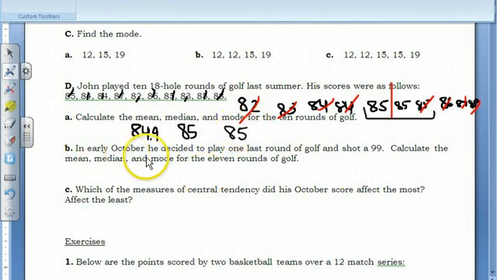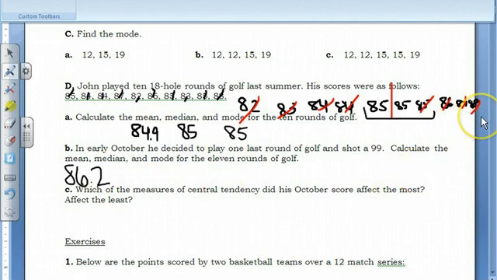Letter B: in early October, he decided to play one last round of golf and shot a 99. Calculate the mean, median, and mode for the 11 rounds of golf. So, I had my sum of 849 before I divided by 10 earlier. I'm going to add the 99 onto that and then divide by 11. My new mean is 86.18, but I'll round it to 86.2.